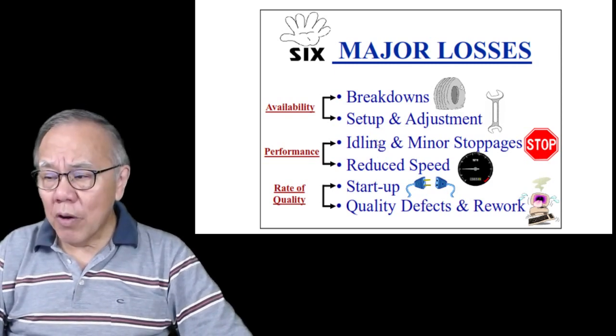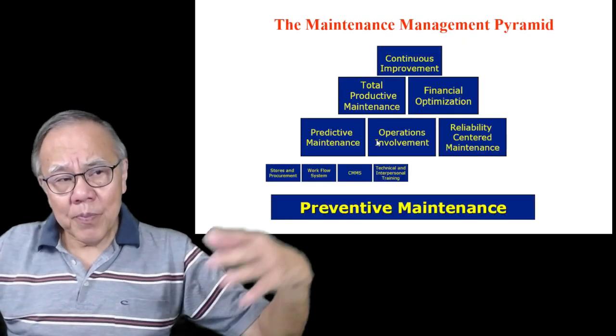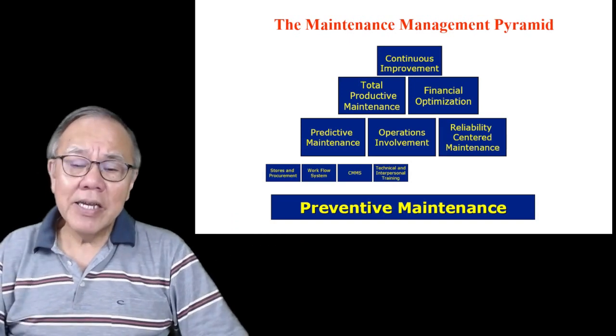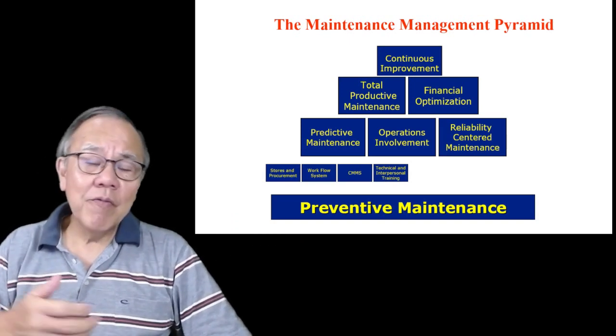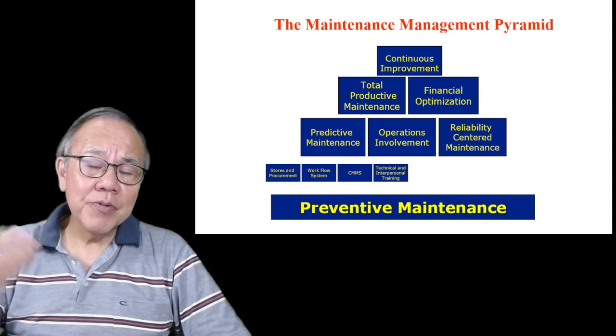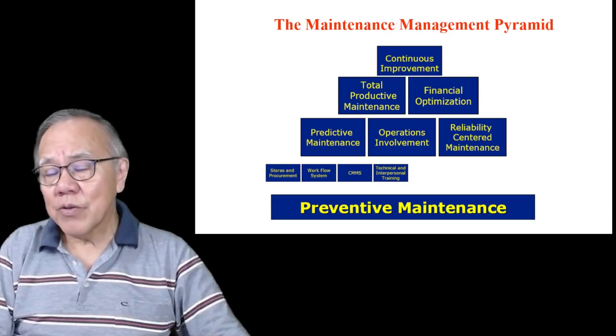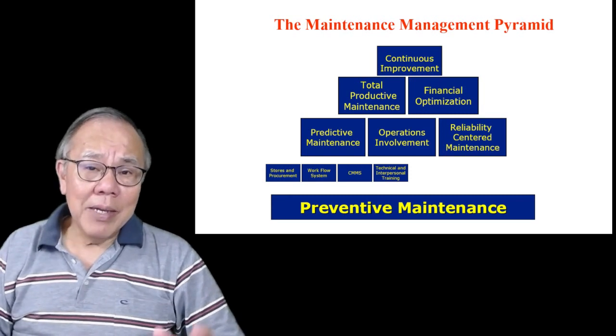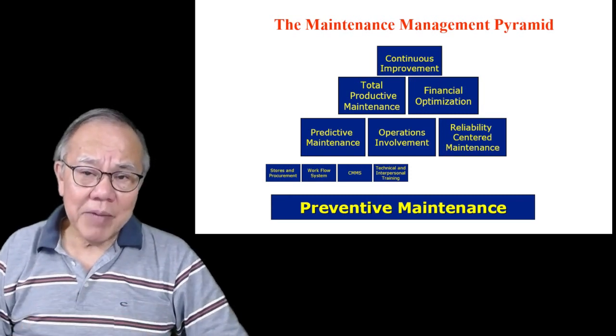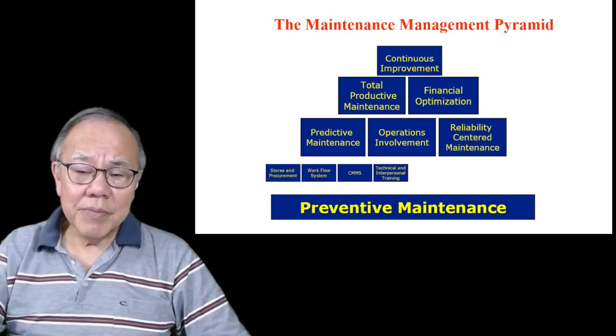Now, in order to put all these things back into proper place, undergirding all this, we need to have what they call a continuous improvement program in everything, whether it's administration, quality, or production. Maintenance management is the same. We need to have continuous improvement.